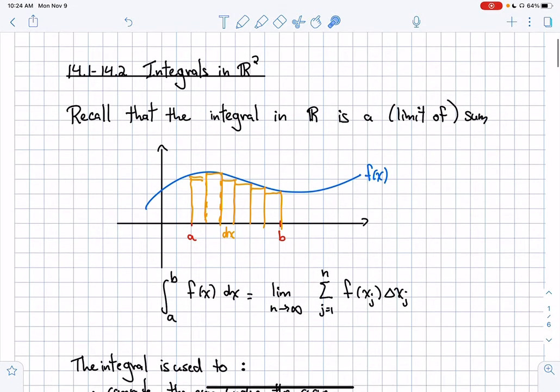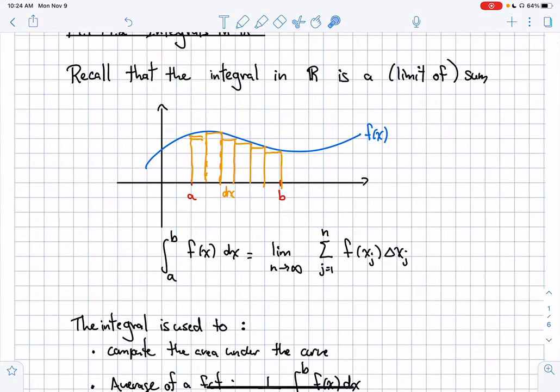All right, so let's always keep in mind what we do for one dimension. For one dimension, recall that the integral of a function, where the input space is just R, and I have the output f, is a limit of sums.